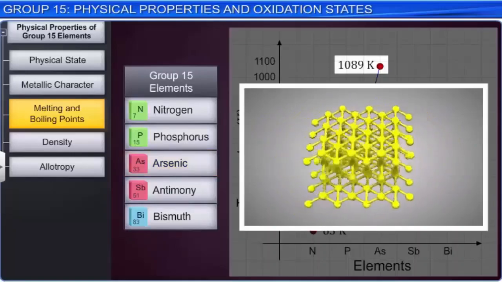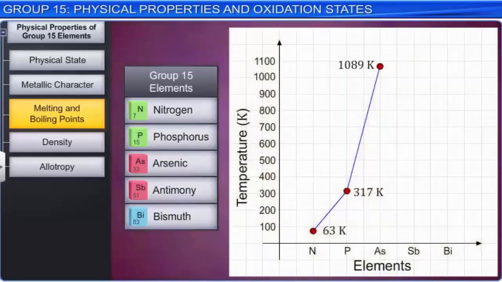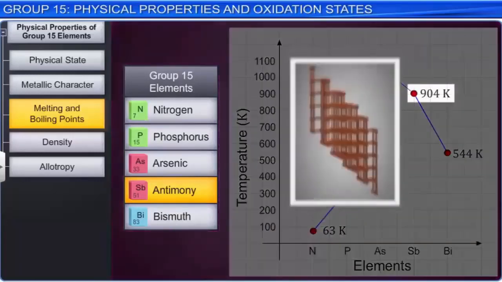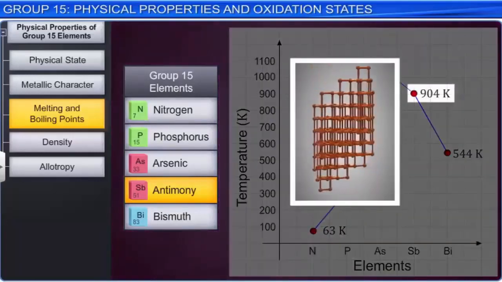However, although the atomic size increases from arsenic to antimony, there is a decrease in their melting points. Although antimony has a layered structure, it has a lower melting point than arsenic because of the relatively loose packing of atoms.